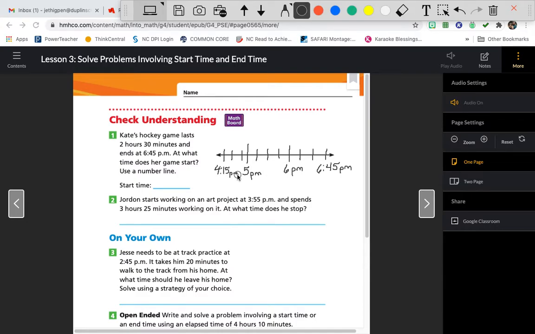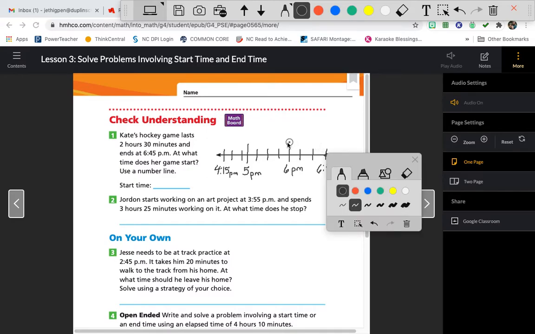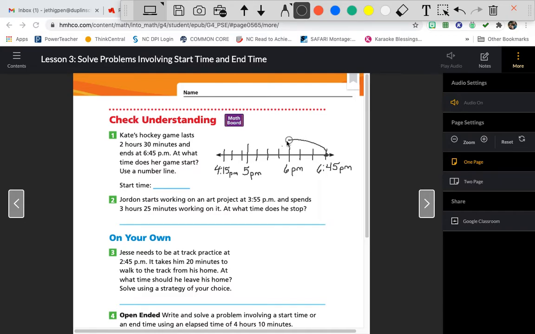Okay, so our game ended at 6:45 p.m. It lasted 2 hours, so we're going to jump again. We're going to jump 1 hour, so from 6:45 to 5:45, that's our 1 hour. And then from 5:45 to 4:45, that's the second hour.